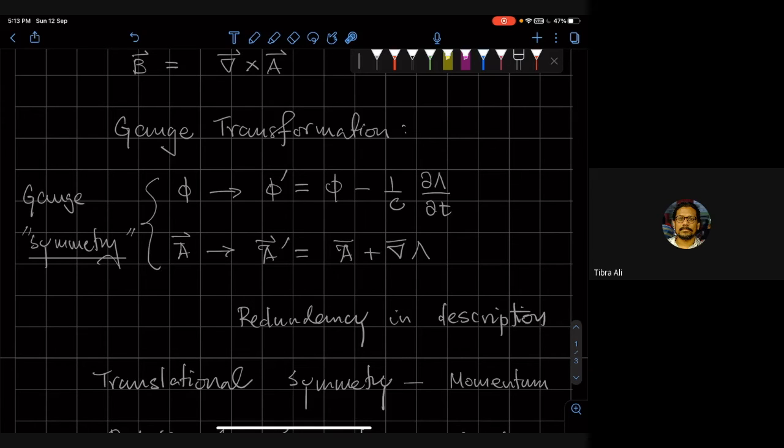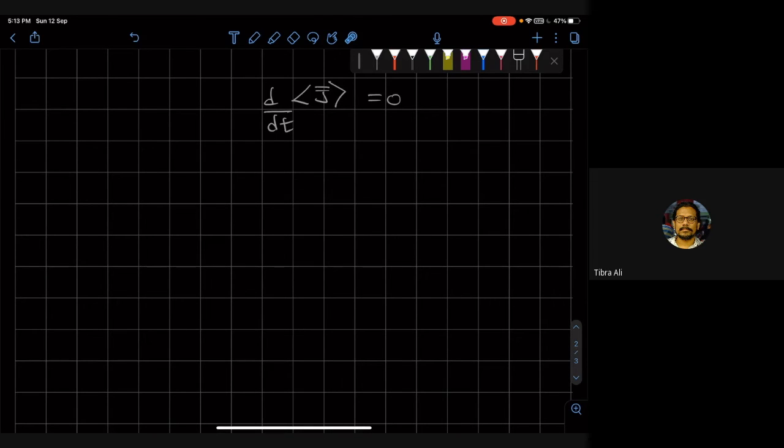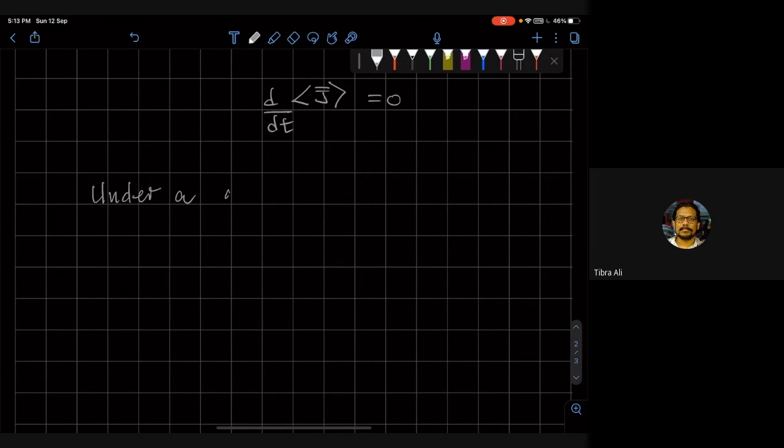Okay, so I'm going to cut to the chase and review what we did in the last lecture. In the last lecture, we found how quantum objects behave under a gauge symmetry. Every gauge symmetry is specified by a scalar function lambda, right?